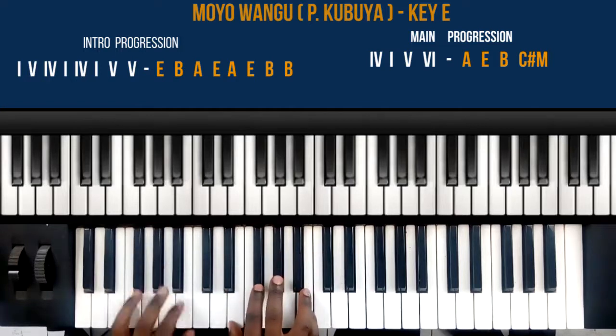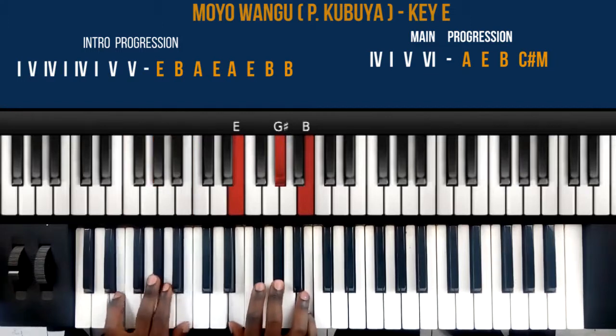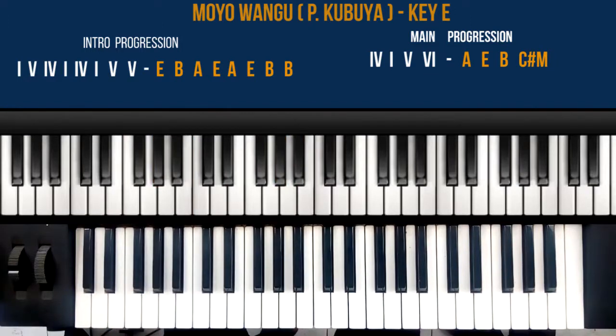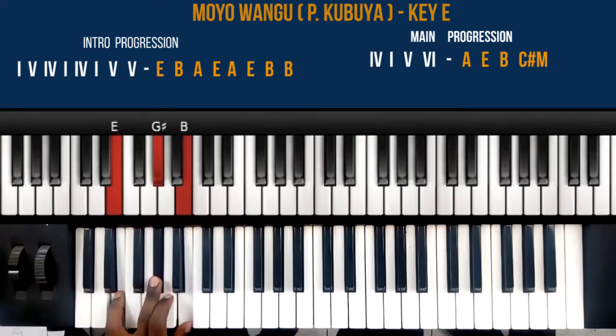I'm going to show you how to hold these chords. The 1 is the E chord, just a straight E chord. On my left hand, I'm playing note E with my small finger, then note G sharp with my middle finger, and note B with my thumb.